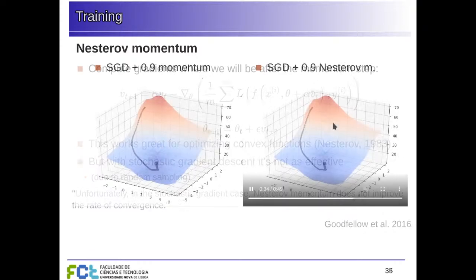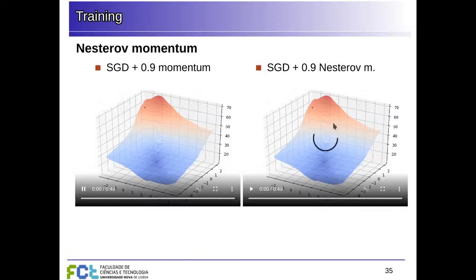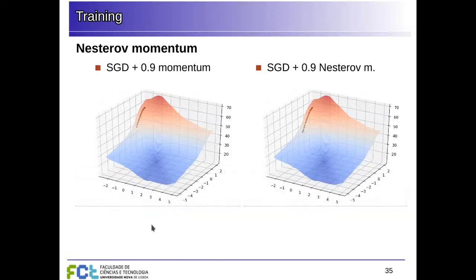If we compare Nesterov momentum with just the basic momentum, we don't see any difference between the two. Looking ahead after the velocity and estimating the gradient there does not give us much information in practice, in general, for artificial neural networks, because our estimates are stochastic, based on a sample of points.